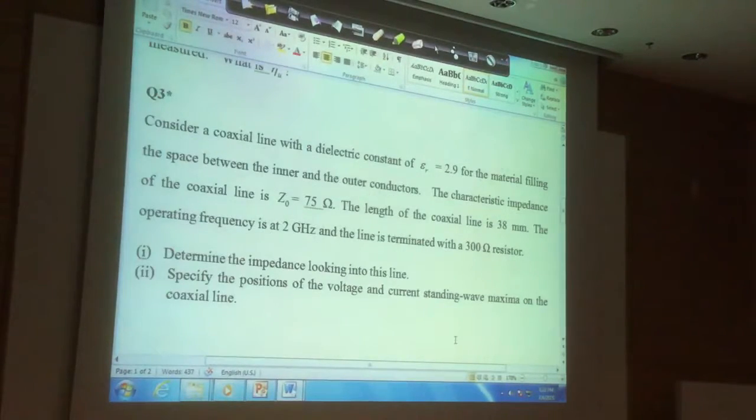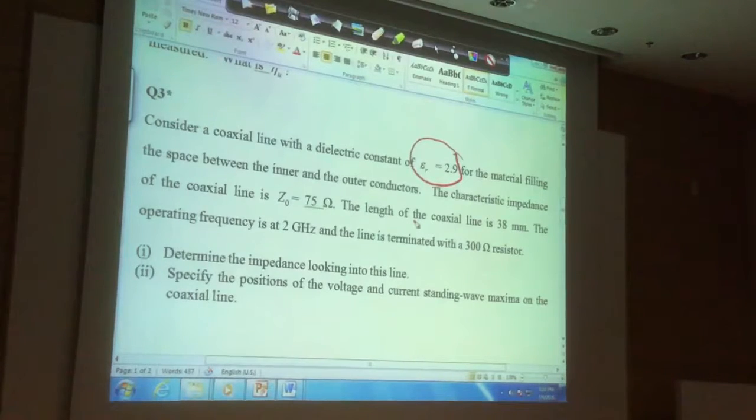Question 3. Consider a coaxial line with dielectric constant. Now with the dielectric constant, this is very important information when you read the question. Material filling the space between the inner and the outer conductor. The characteristic impedance of the coaxial line is 75 ohm.